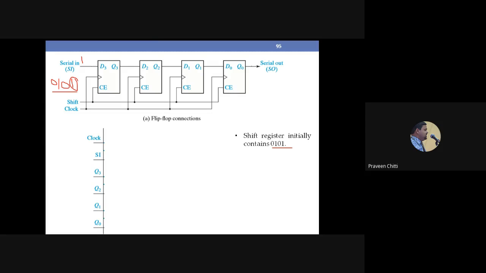How exactly does it happen? You can see here I have shown it step by step. Initially, I will assume that all the flip-flop outputs are 0.